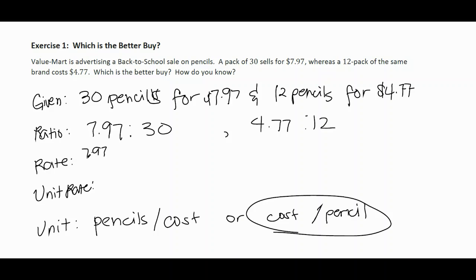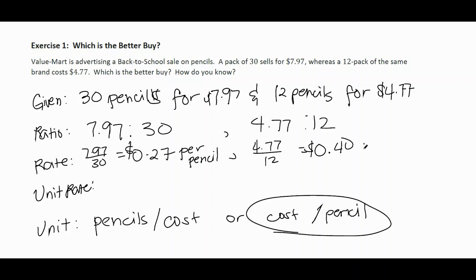So 7.97 over 30 is going to be 0.27 dollars per pencil. For this one, we have 4.77 divided by 12, which is going to be 0.40 dollars per pencil.